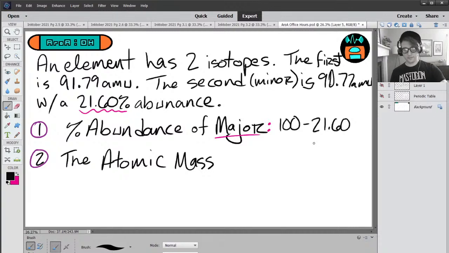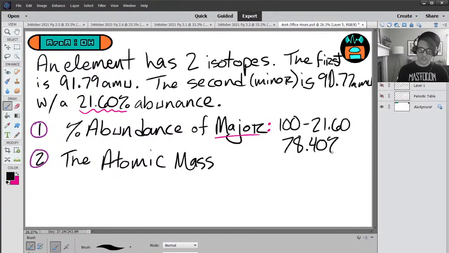I think it's 88.40, but let's see. Oh, this is why I punched it in my calculator. It's 78.4. So the percent abundance of the major isotope, excuse me, is 78.40%.